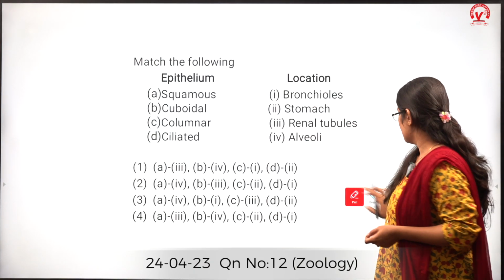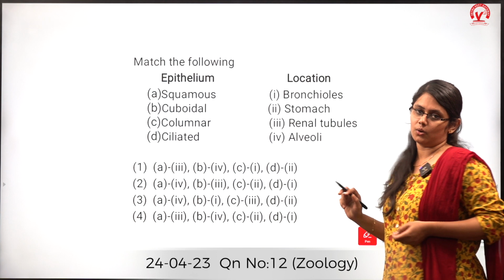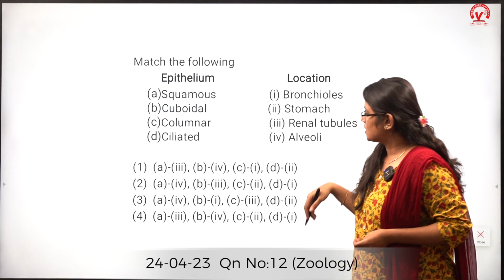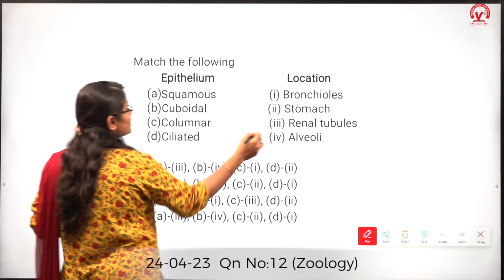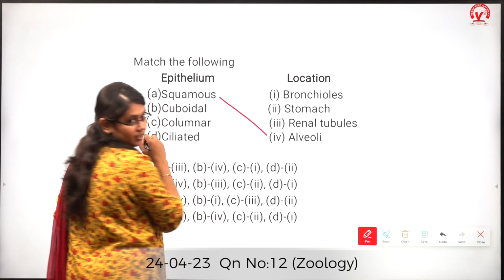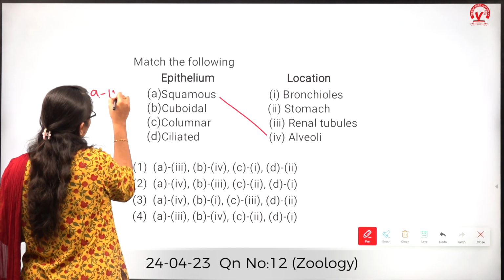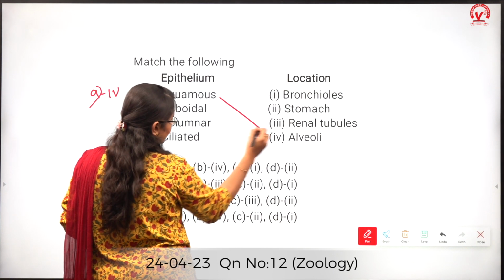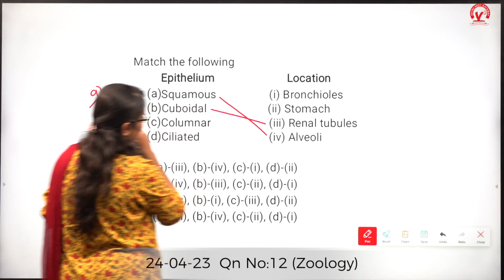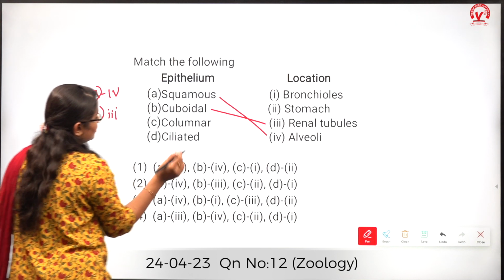Match the following. So here we have to match the epithelium and their location. Squamous epithelium, among the options it is seen in alveoli. So A for 4. Cuboidal epithelium is seen in renal tubules. So B for third option.